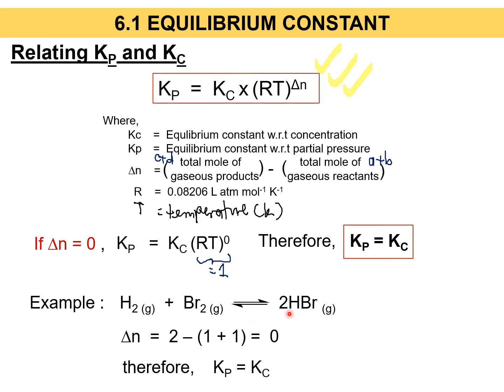Lepas tu produk dia adalah 2 mol. Lepas tu dia punya reactant 1 campur 1, 2 kan? 1 campur 1, 2. So, 1 campur 1 ialah 2 moles juga. Okay, so 2 moles produk tolak dengan 2 moles of the reactant is equals to 0. So that's why save your time, Kp is equals to Kc.